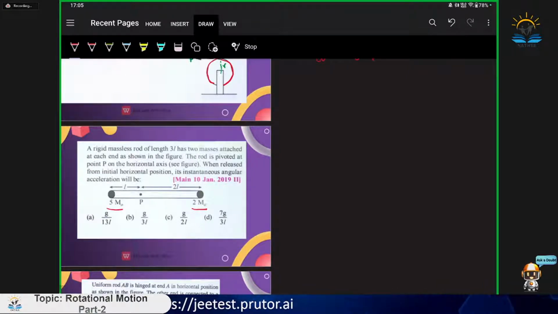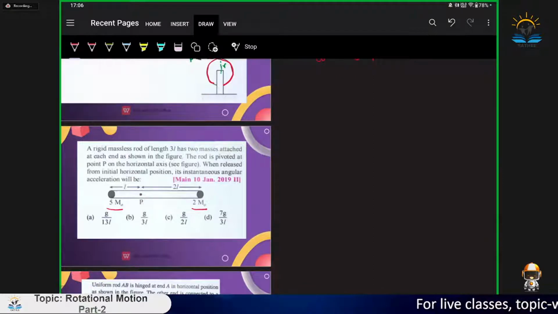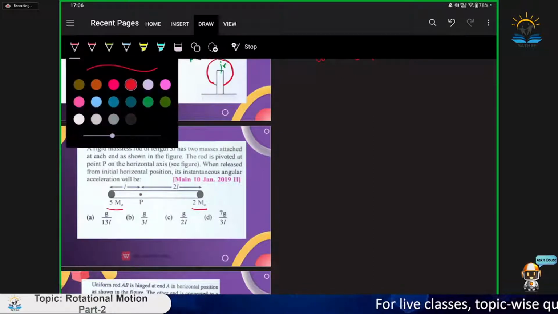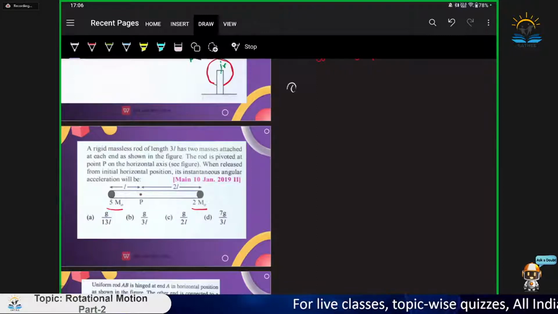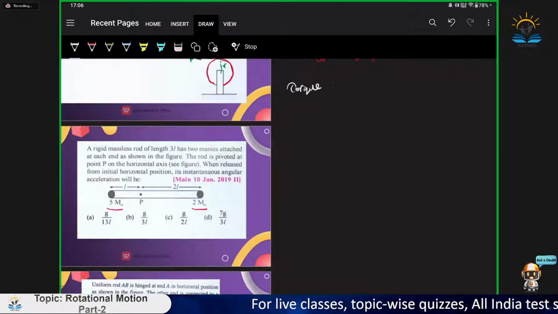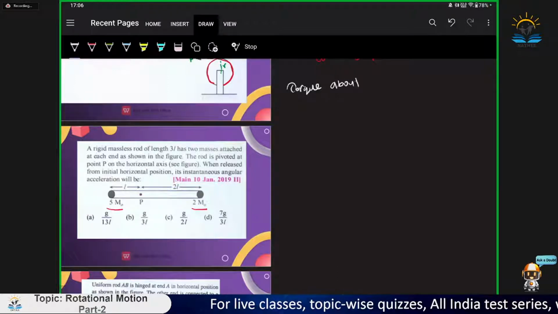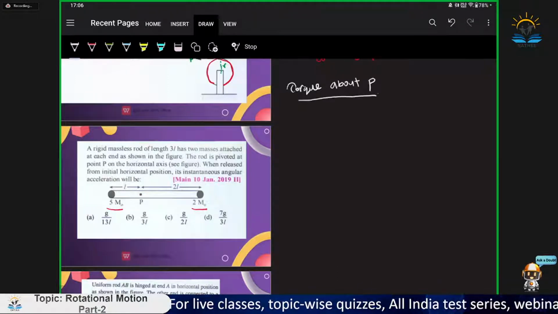When released from the initial horizontal position, what will be its instantaneous angular acceleration? Because of these masses 2m0 and 5m0, if this system is released, there will be a torque. So let's see what is the torque about point P.